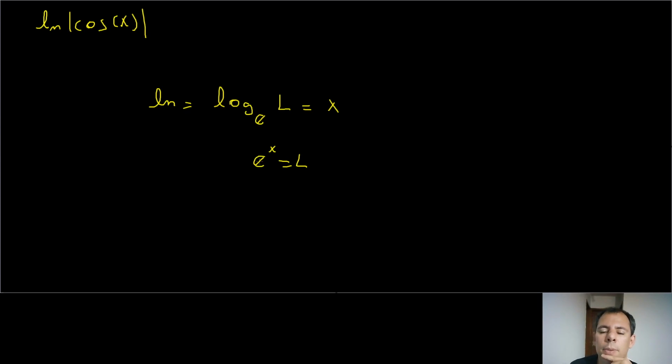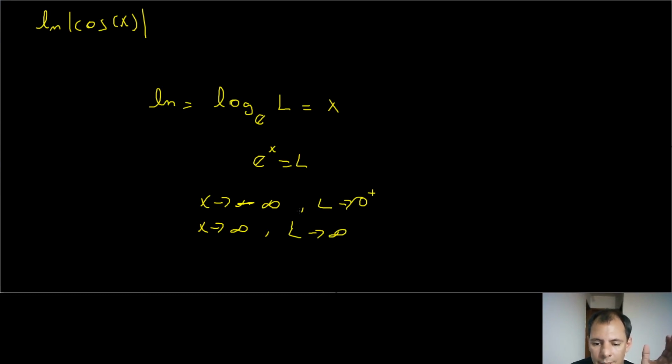Well, e is a positive number. So as x approaches negative infinity, L is going to approach 0 from the positive side. And as x approaches infinity, L is going to approach infinity too.